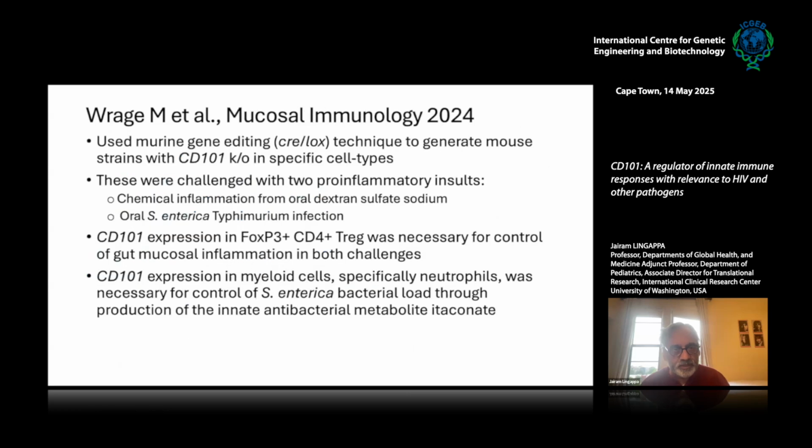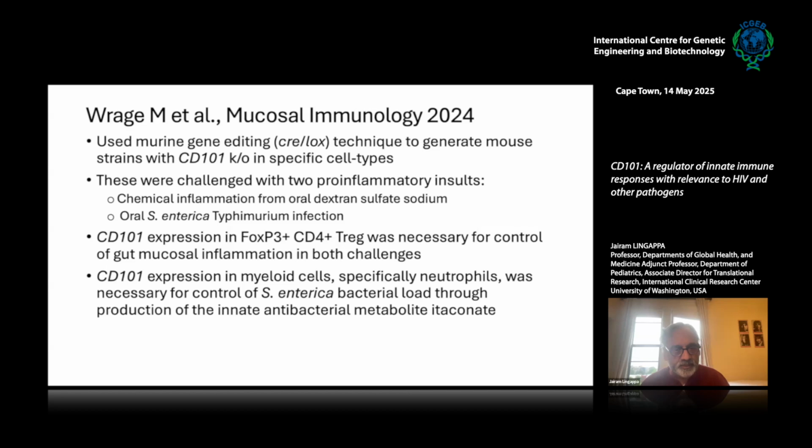I want to focus on one last paper that was published last year, where a group looked at mice and did gene editing techniques to remove CD101 from specific cell types within the mouse, and then challenged them with either a chemical inflammation challenge or a bacterial infection challenge. In both cases, it was found that CD101 expression in regulatory T cells was necessary for control of gut inflammation.